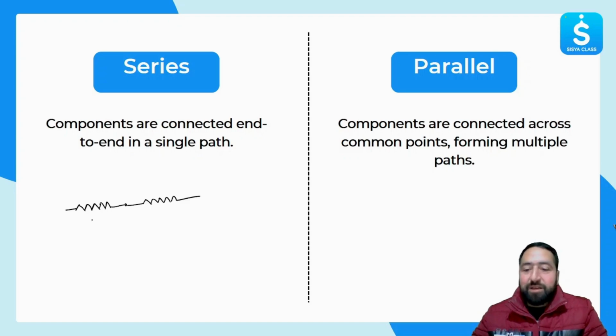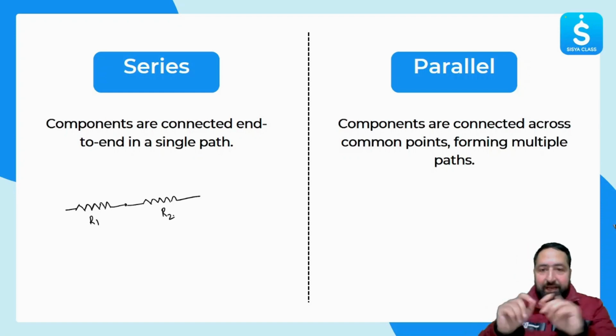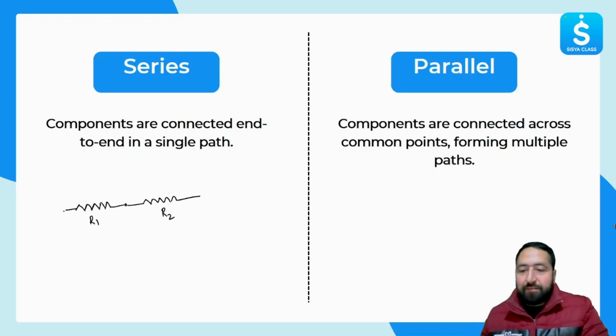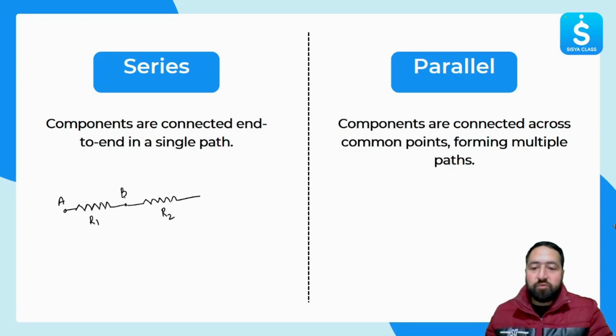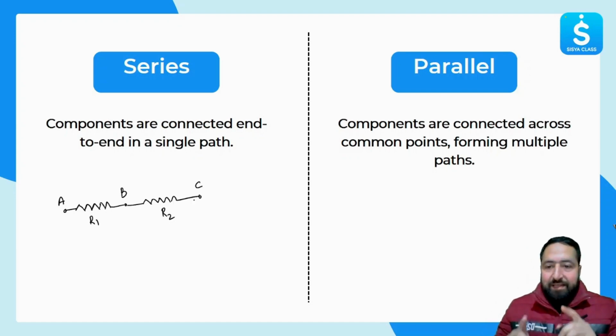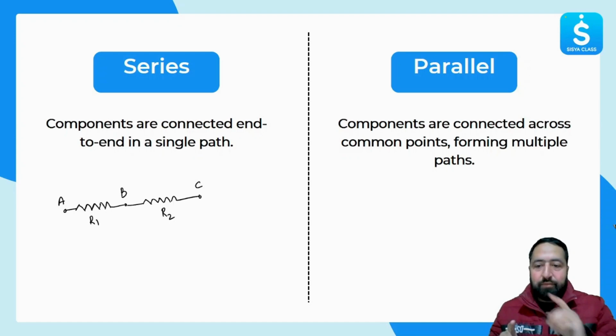So this is R1 and this is R2, connected end to end. R1 has two points, A and B, and R2 has two points, B and C. There is only one point common between R1 and R2, that is point B. The other points are different.